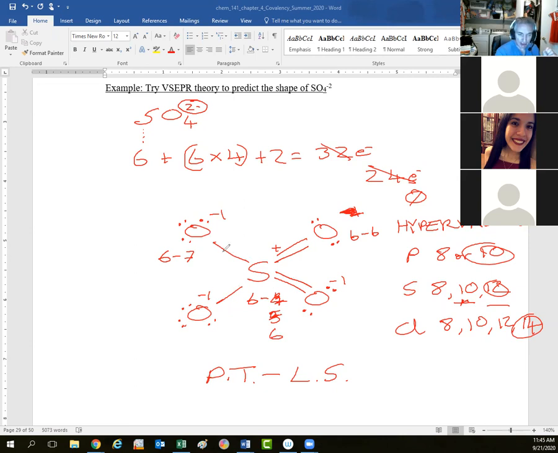Remember, each bond, each line is a pair of electrons, and these are shared with the oxygen. So 1, 2, 3, 4, 5, 6 electrons belong to the sulfur. So we get rid of the charge on the sulfur and the charge on that other double bonded oxygen. So that's our final Lewis structure because we've got rid of the charge on the hypervalent sulfur. And that's within our limits of hypervalency for sulfur.